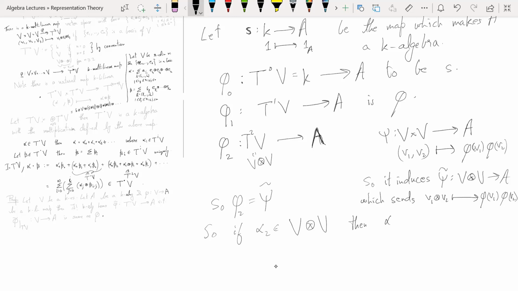Alpha 2 is of the form a sum of tensor products of two vectors, maybe v tensor v prime, with some indexing i.